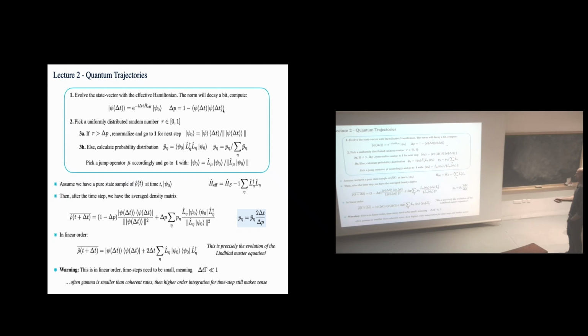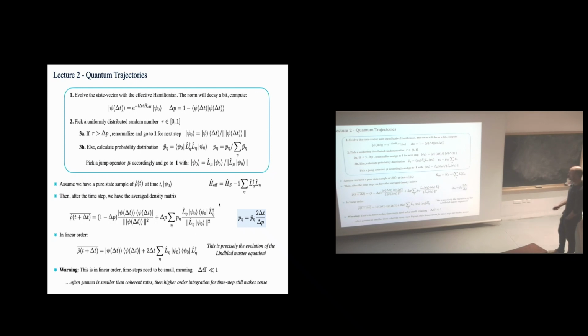Just by definition, this is what we used over here. So this is going to cancel that term. So the first part just really becomes psi at t. This is the part that comes from the Hamiltonian part with the effective Hamiltonian. It's going to evolve me and take me from a pure state to another pure state, if you like. But then you get all of these jump parts over there.